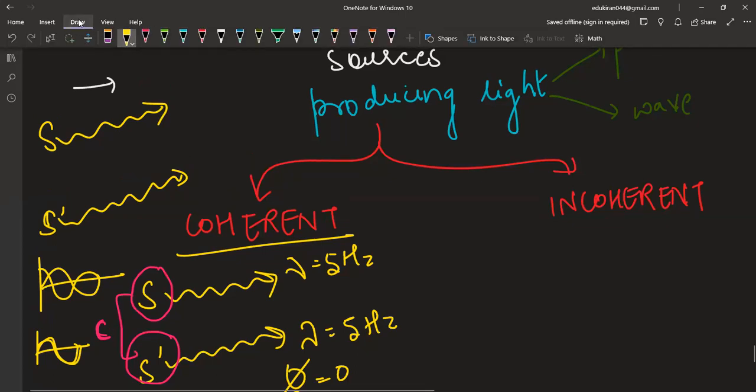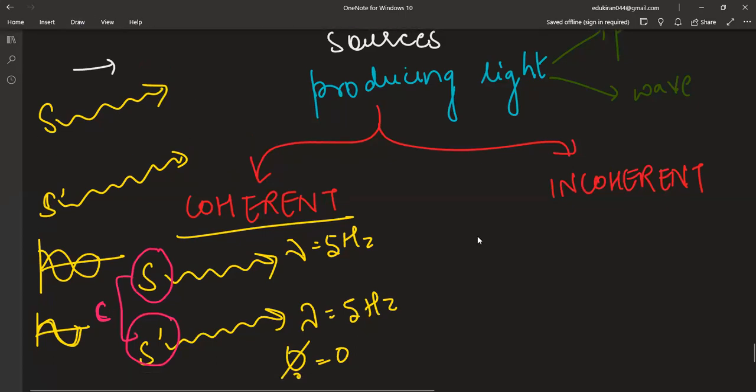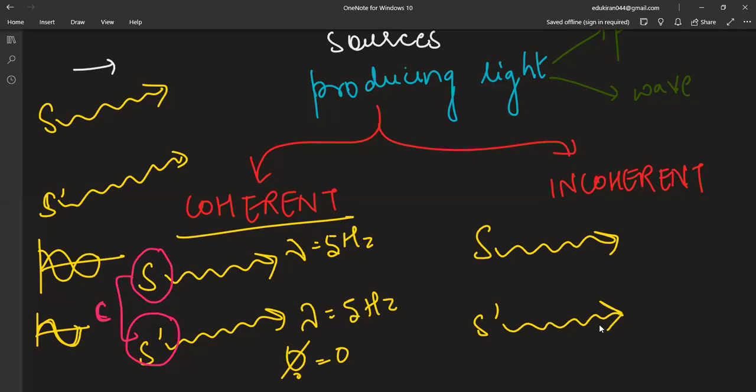On the contrary, suppose here you have S, which is emitting its own wave. This is S prime, which is also emitting its own wave, right? And a constant phase difference is not being maintained. Let's say frequency is same, wavelength also, let us assume this is same. But the phase difference is not same. If one wave is moving like this, other wave will move like this.